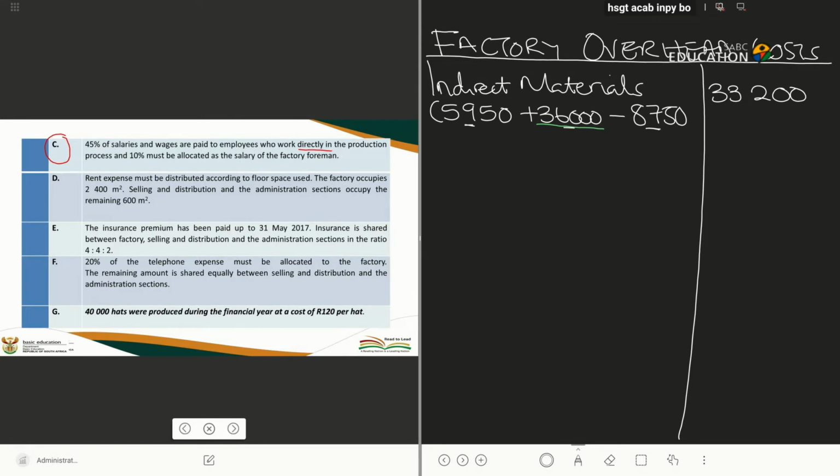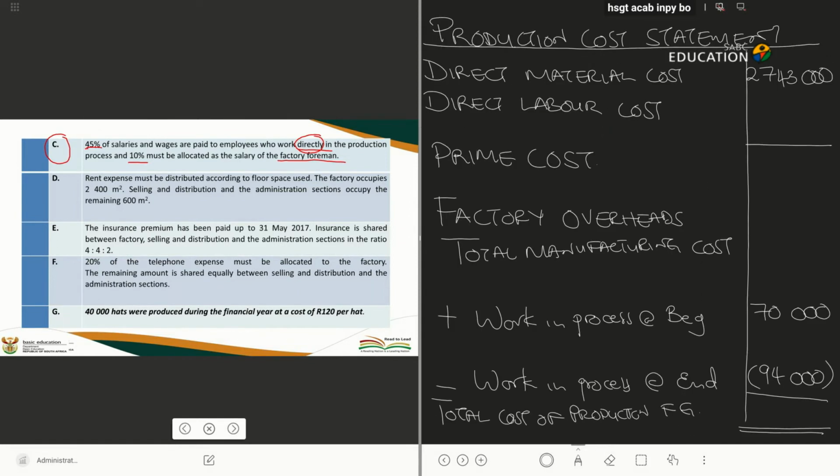And then they say, and 10%. So 45% is for those who are working directly, and 10% must be allocated as the salary of the foreman. So that simply means, this is direct, and where do we find our direct? In the production cost statement. You're very correct. We are now going to come here.